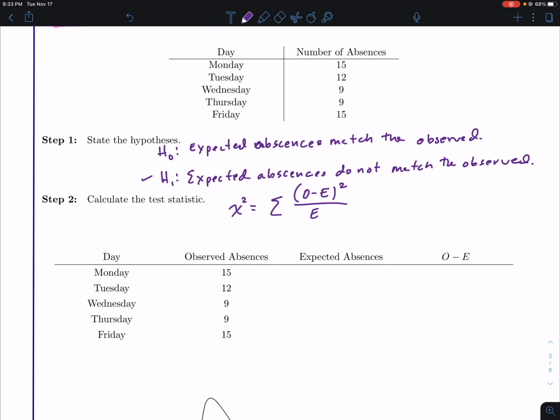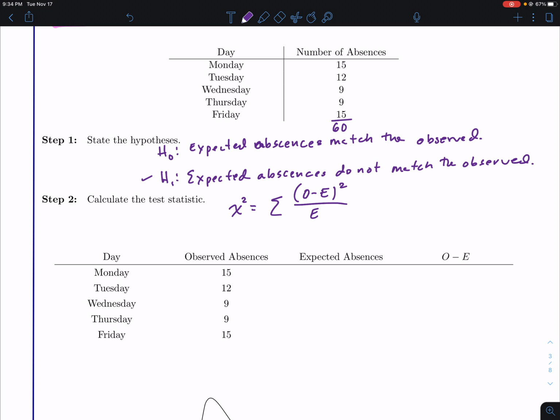So first we have to figure out how we even figure out what the expected absences are. Well, since we expect them to be equal, what you would do is take the total number of absences and add them up first. I think it said it was 60, but I should check just to make sure. So 30, 42, oops. Yep, so 60, good.